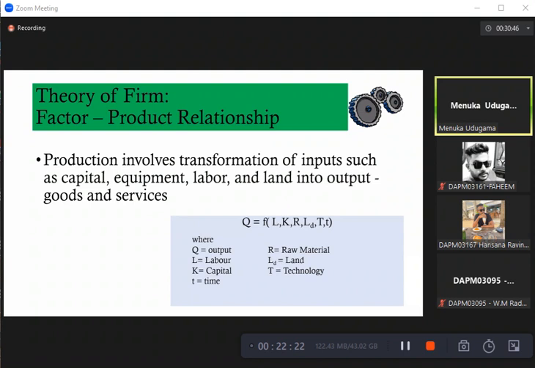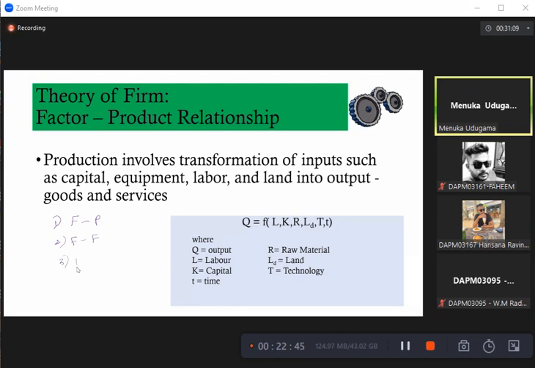Therefore, when we discuss the theory of firm, we will consider three relationships actually. Factor-product relationship. Then we will look at factor-factor relationship.